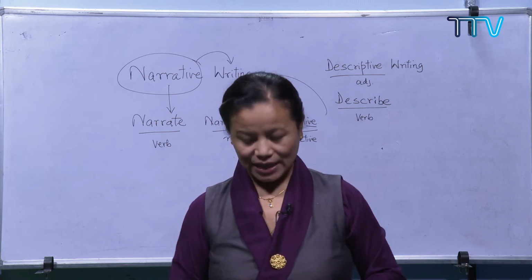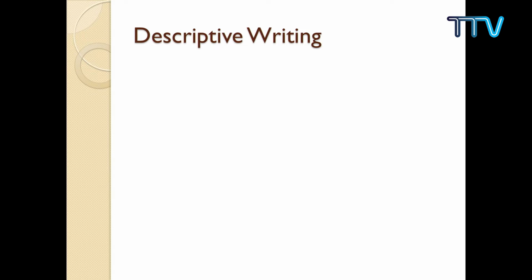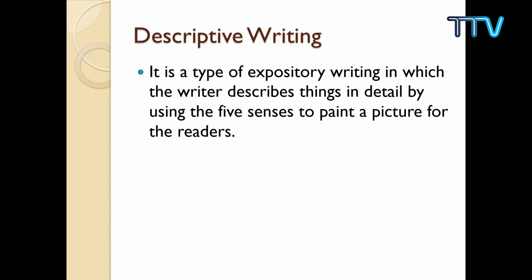Now look at the slide. It is a type of expository writing in which the writer describes things in detail by using the 5 senses to paint a picture for the readers. Now you can connect descriptive writing to expository writing.